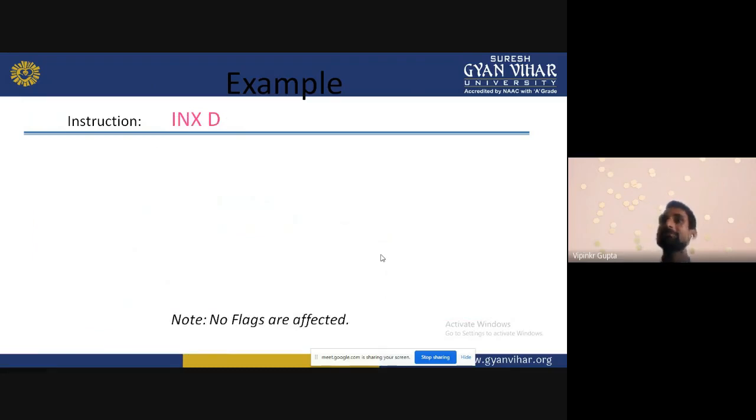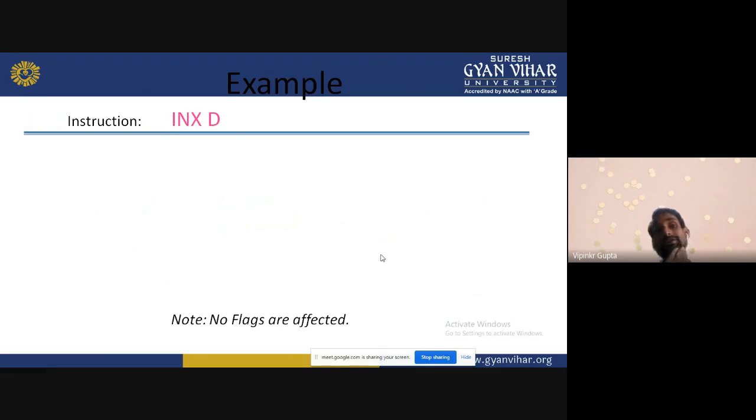INX D, we are coming again from the data transfer group. We are seeing the X. X always shows a pair. Whatever word comes before that X shows the pair: the BC pair, DE pair, or HL pair.